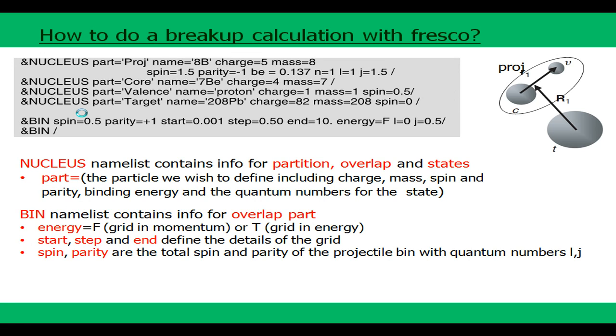Then you define a start, step, and end for the grid. And this, of course, needs to be checked for convergence. So whether your step is very large, whether you include all states up to 4 MeV or 10 MeV will depend on the calculation you're interested in. Whether you break it up in 1 MeVs or whether you break it up in 0.1 MeVs will depend on the details of your continuum. And then you also have to introduce the spin and parity of the state, and the spin and parity of that state will connect to the ground state in some multipolarity.